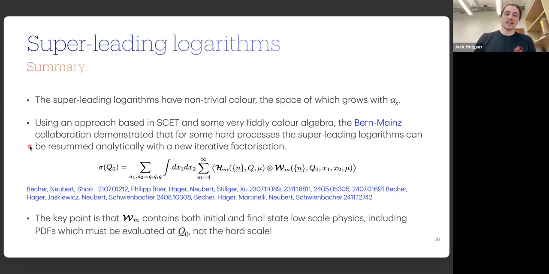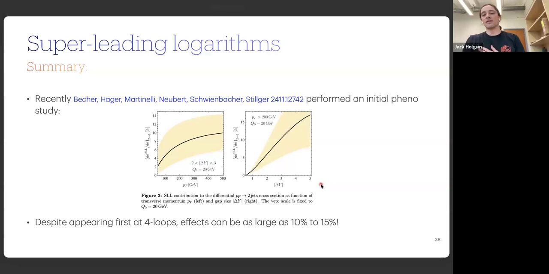Now, recent developments have shown that you can actually still write down a much more complicated factorization for this observable that doesn't look like the QCD master formula I wrote at the start. You now have the PDFs evaluated at a lower scale, and using this factorization, they have been able to resum these effects. And what they've found is that even though this effect is happening at 4 loops, so at 4th order, it actually, because the logs get large, can be a very large effect.